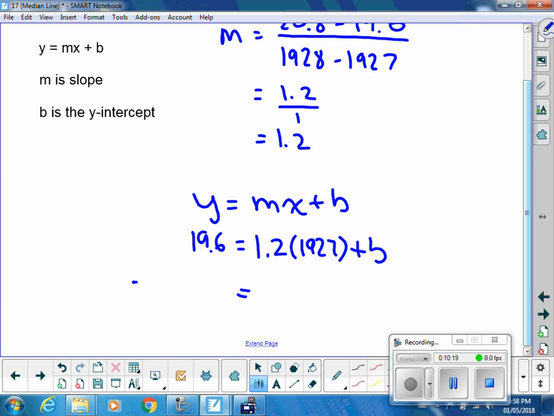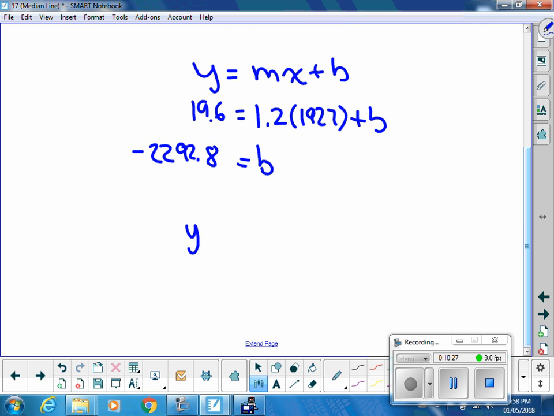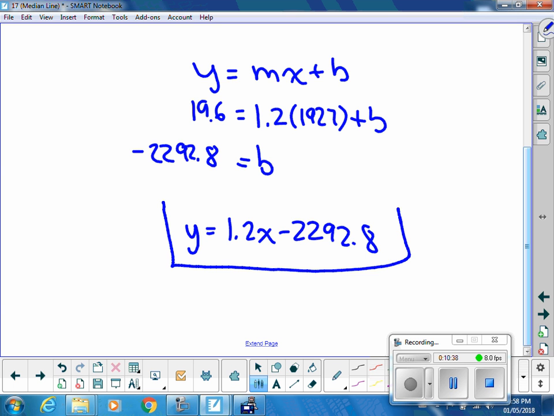Okay, and I get a whopping negative 2292.8 is equal to b. So therefore, my median-median line's equation is about 1.2x minus 2292.8. Okay, done. So just using those skills from grade 9 to get the line of best fit.